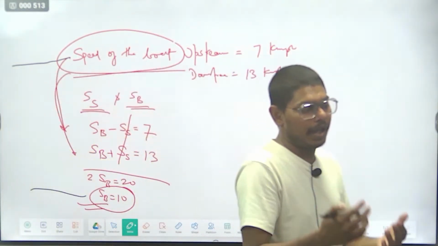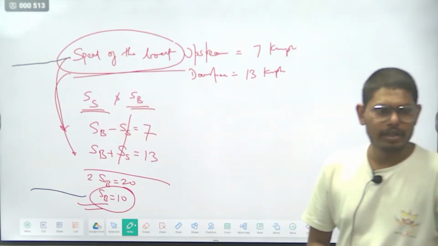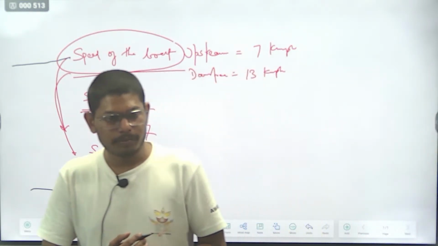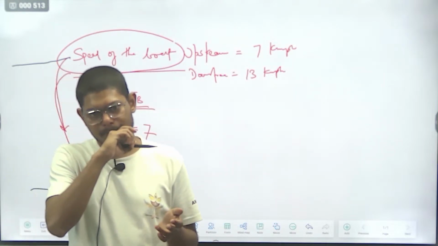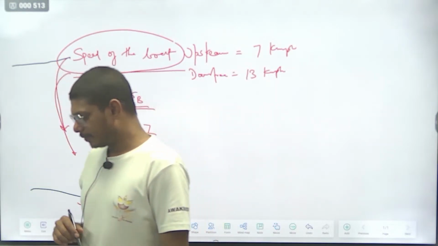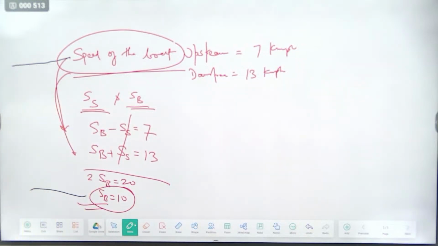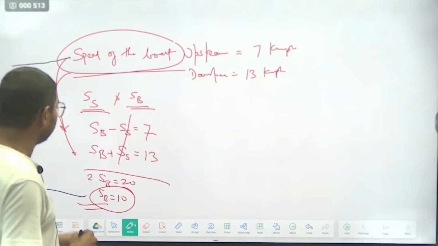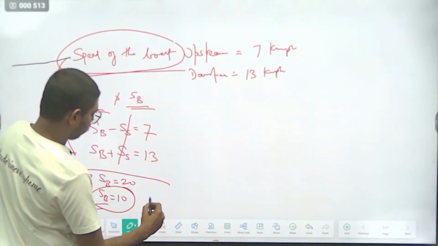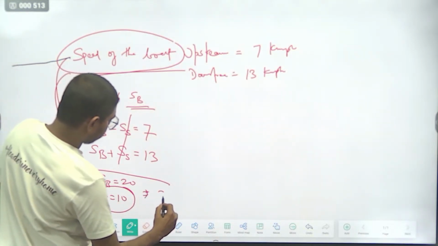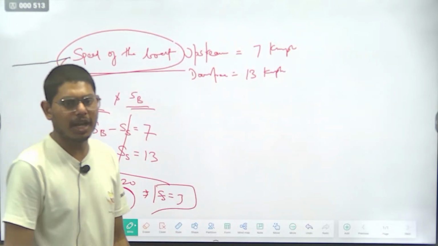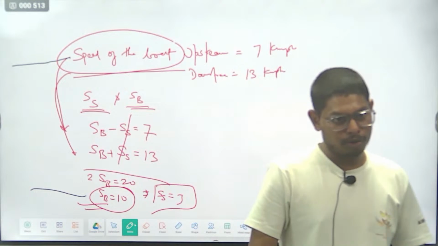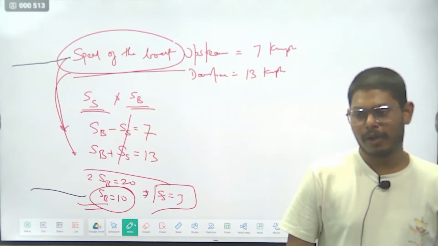Speed will be high in downstream. Downstream means you are going fast down.